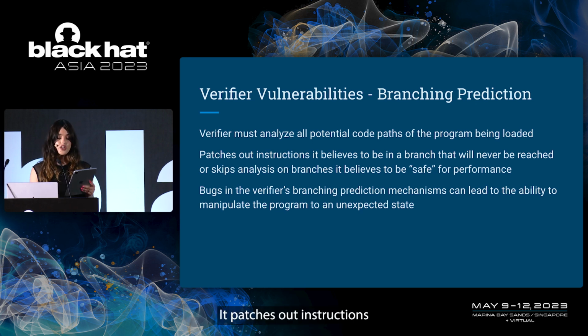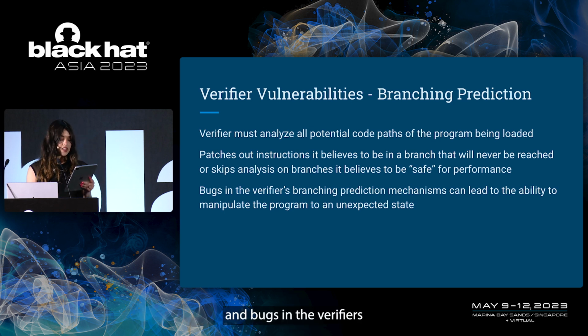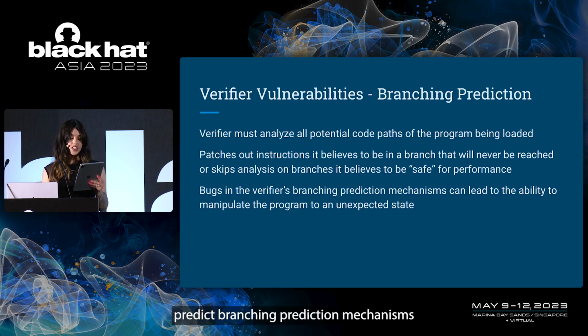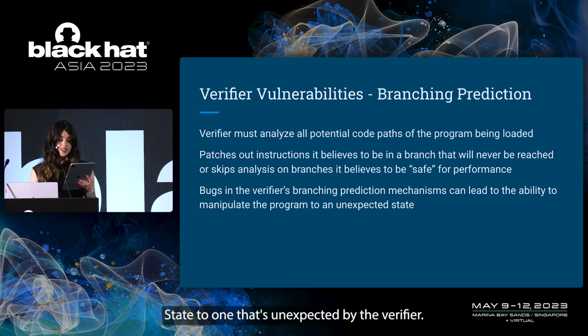It patches out instructions that it believes will never be reached, and it also does not analyze branches it believes to be in a seen state already or technically safe. The reason for this is performance, as analysis on every single code path can grow exponentially. And bugs in the verifier's branching prediction mechanisms can lead to the ability to manipulate the program state to one that's unexpected by the verifier.